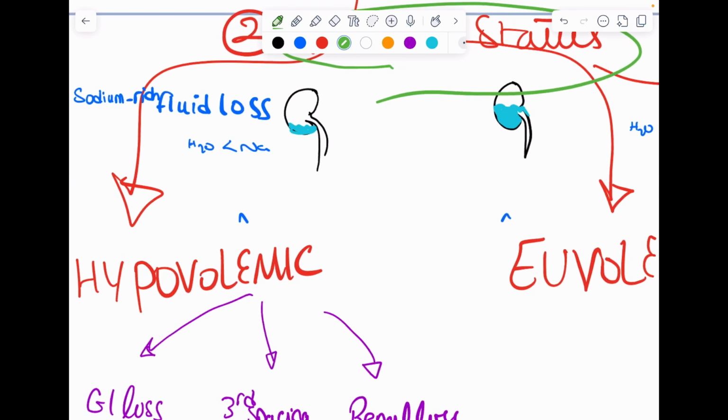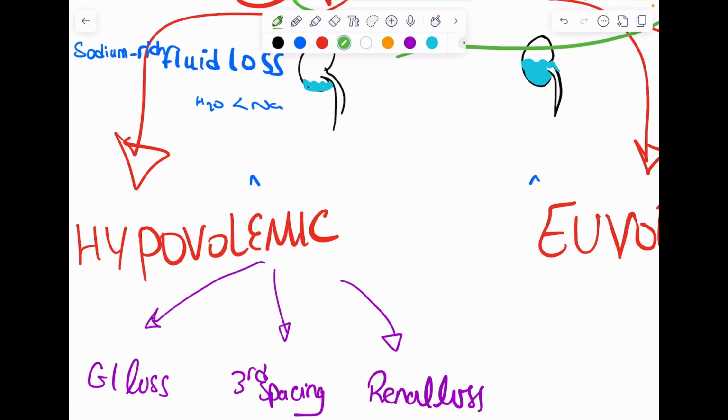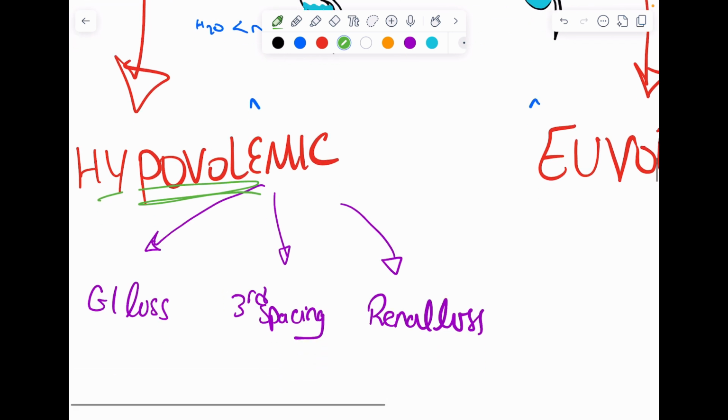Let's talk about the first scenario, hypovolemic patient. This is a dehydrated patient who lost a sodium-rich fluid. For example, in diarrhea, this patient lost salt-rich fluid in stool, or vomiting, right?